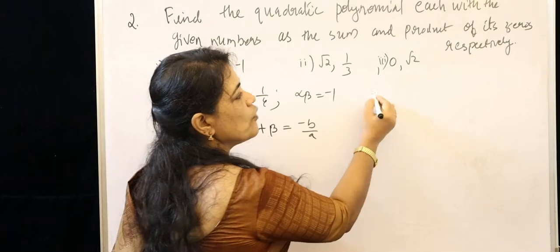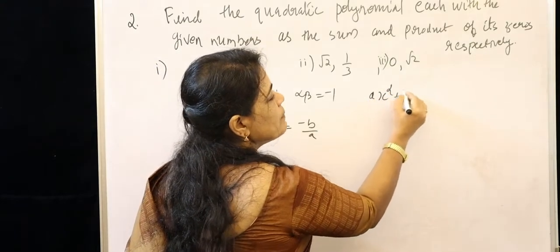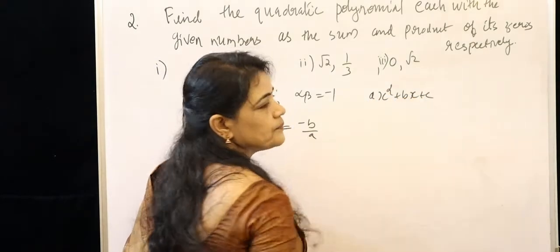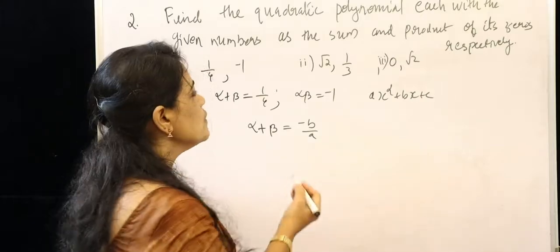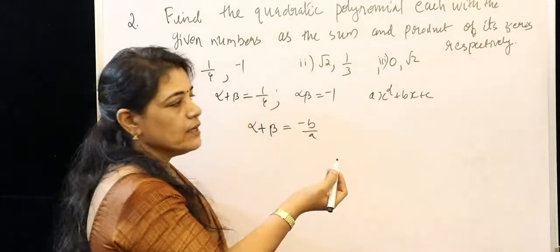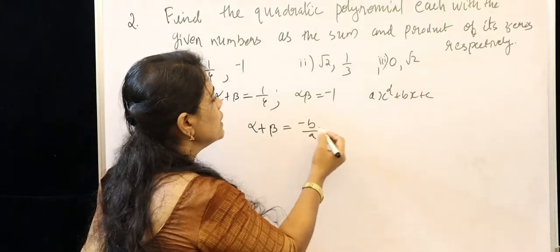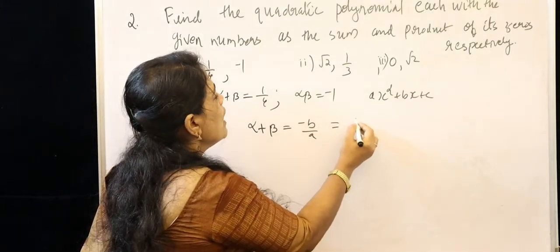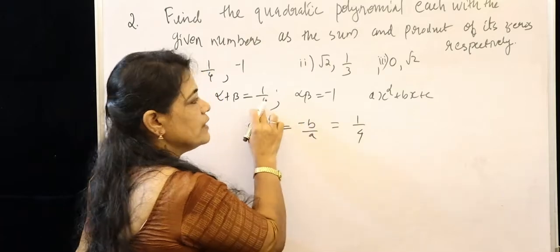We have the general formula ax square plus bx plus c. So here alpha plus beta is equal to minus b by a, which we have already shown, and this is equal to 1 by 4, that is given.